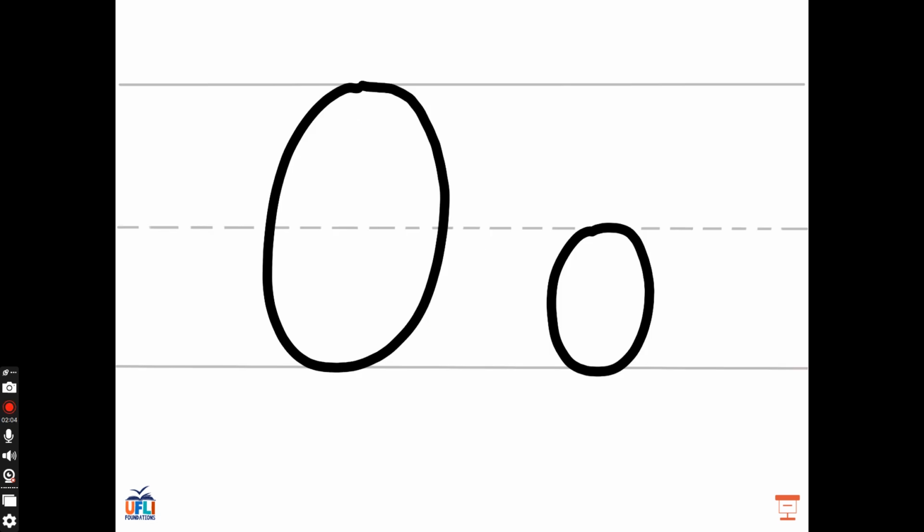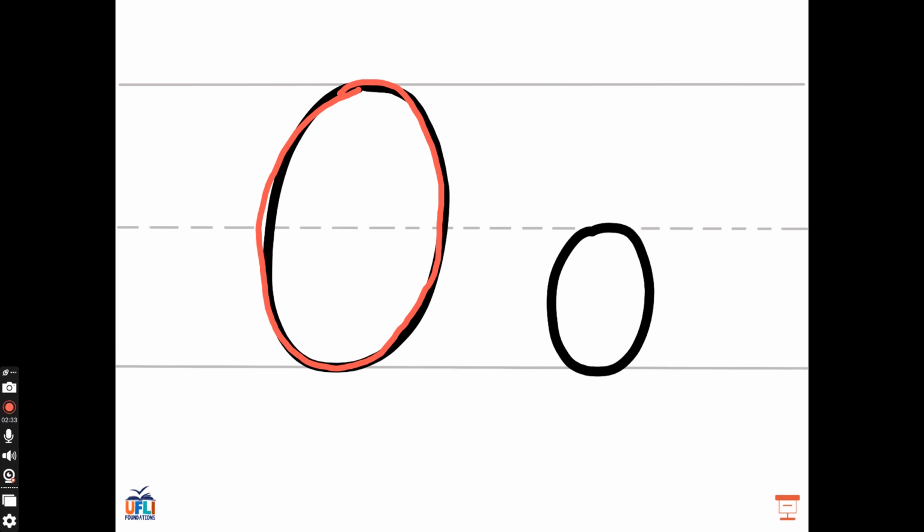To write the letter O, for both uppercase and lowercase, we use the same shape. So the letter O is one of the easiest letters to write because it's just a big circle. For uppercase O, we start at the top, we come down and around, touch the bottom, curve all the way back up, and then right back to where we started. So that uppercase O goes all the way from that top line to that bottom line, and it crosses through that dotted middle line.